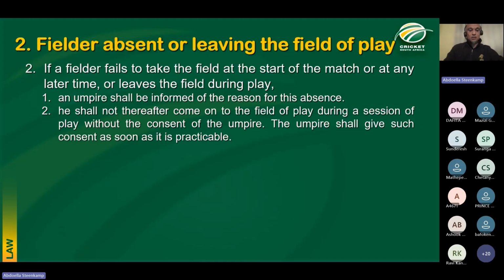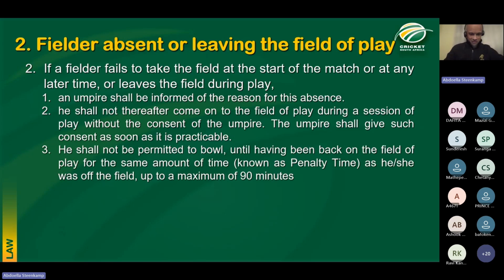Why is it important that you need to know when John is back on? We'll see in point 3. Because as soon as John comes back onto the field, you need to write down the time that John came back onto the field. So remember in point 1, you wrote down the time John left. In point 2, you're writing down the time John returned. Now point 3, before John is allowed to bowl, he needs to be on the field for that same amount of time that he was off, up to a max of 90 minutes.